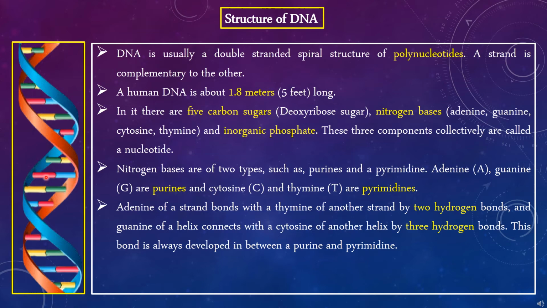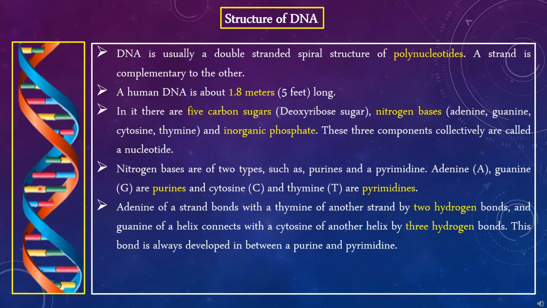Adenine is bonded with thymine. Adenine is a purine, thymine is a pyrimidine. Again, guanine is bonded with cytosine. Guanine is a purine and cytosine is a pyrimidine. So a bond is always developed between purines and pyrimidines.